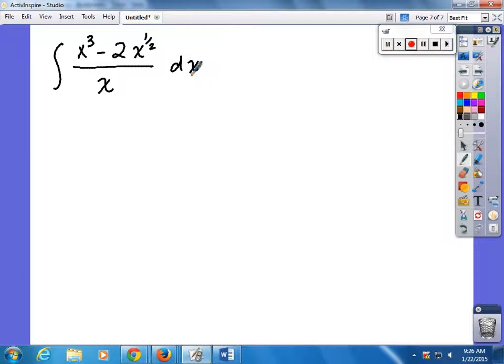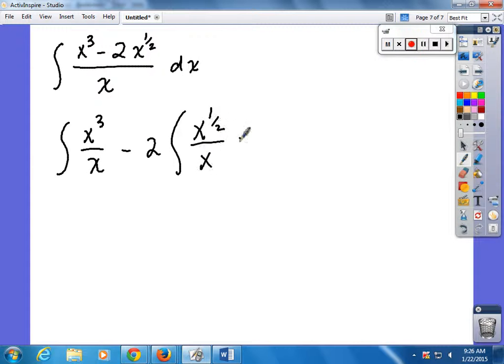Now, yes, you could do x cubed over x minus 2 antiderivative of x to the 1/2 over x dx. You could do that, and there's nothing wrong with that. But eventually you're going to do what with that x? You're going to bring it up, or you're going to use the quotient rule of algebra.